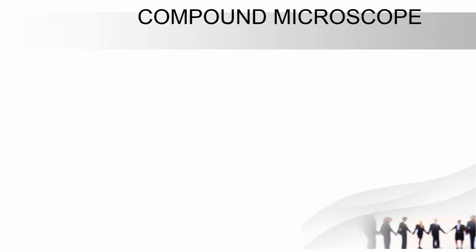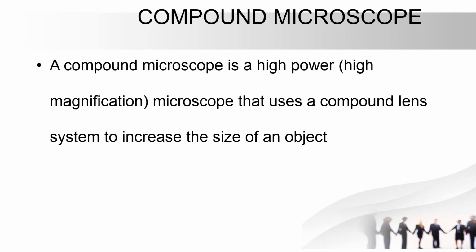Now, compound microscope. When we say a compound microscope, we are referring to a type of microscope that uses a high power magnification, and the high power magnification is a result of the combination of compound lenses, and these compound lenses help to increase the size of the object.